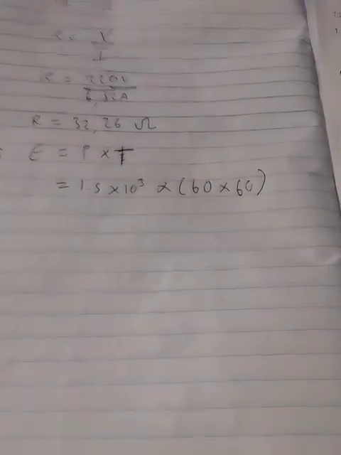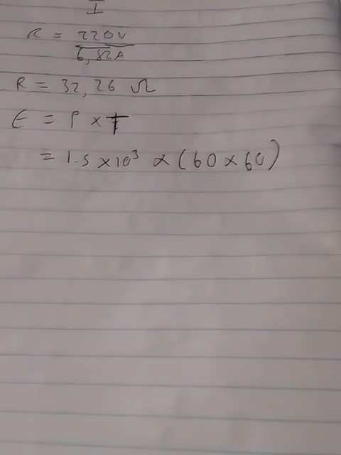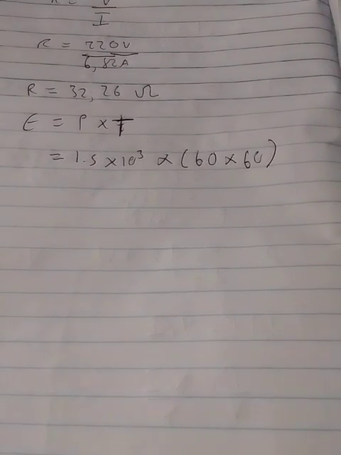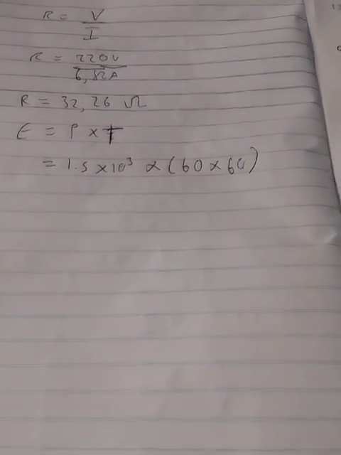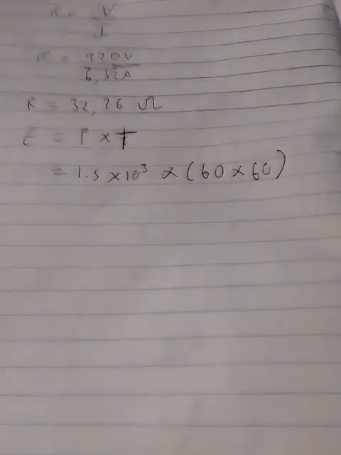So whenever you convert 1 hour to seconds, it's 60 times 60, right?